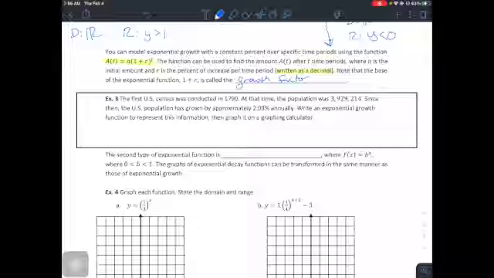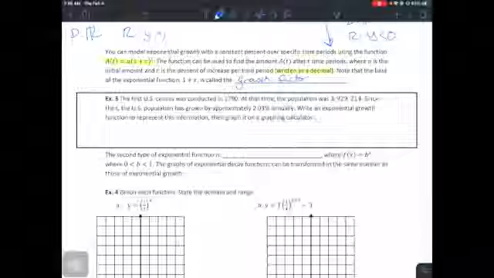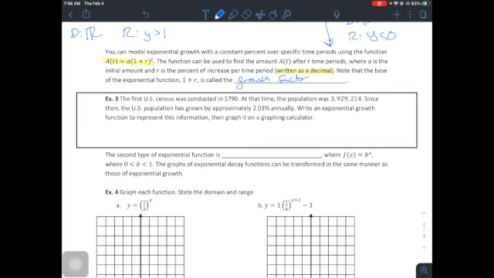The first U.S. Census was conducted in 1790. At that time, the population was 3,929,214. Since then, the U.S. population has grown by approximately 2.03% annually. Write an exponential growth function to represent this information, graph it on a graphing calculator.